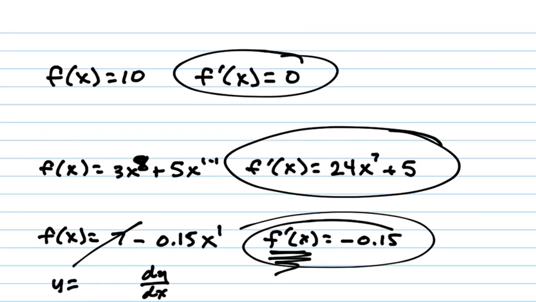It gives you the equation of the slope, but in this case, this one just gave me a number, so that means the slope of this line is negative 0.15. But here, whatever number I put in there, I would find the slope at that particular point, where x is whatever that particular point is. We'll find out why, but that's why. You're finding the slope. Okay?